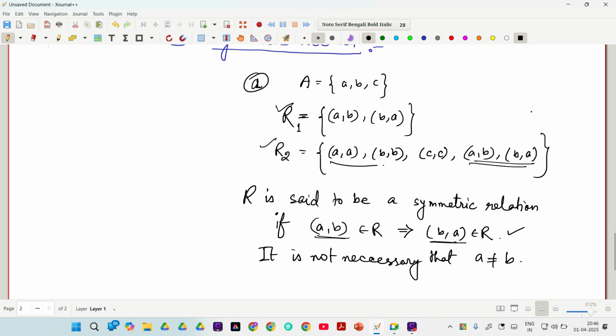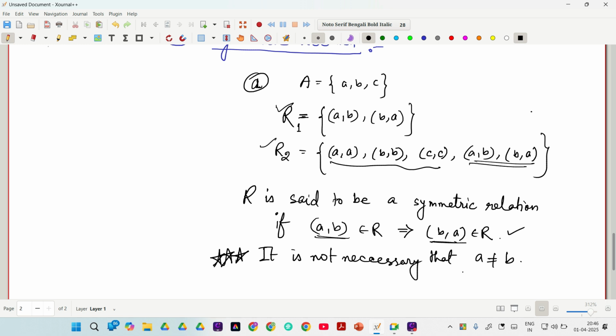But what about these three elements? Are these three violating the condition? No, these three are not violating the condition. I have already written that it is not necessary that A and B should be unequal.